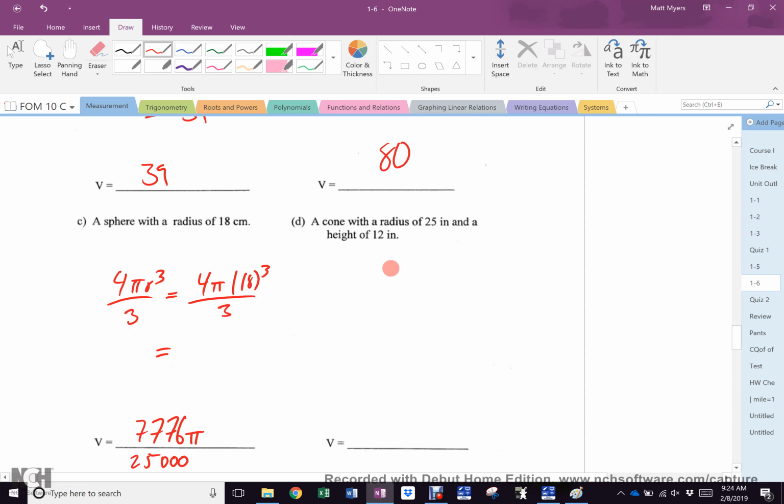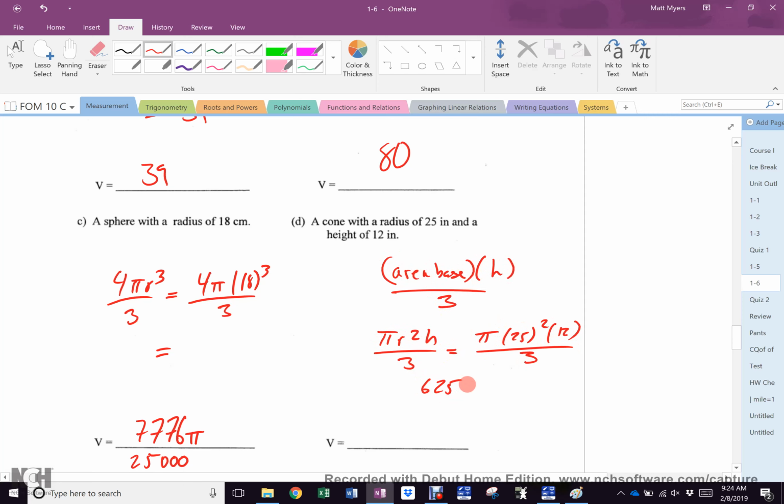A cone with a radius and a height. Cone is a pyramid, yes? So it's area of base times the height divided by 3. Pi r squared h divided by 3. Pi times 25 squared times 12 divided by 3, which is 625 pi times 12 divided by 3, which is 2,500 pi.